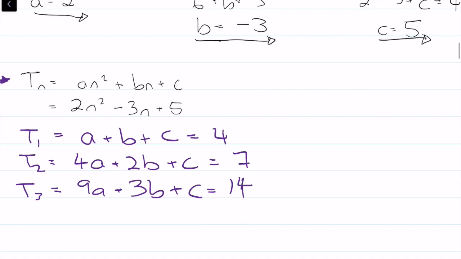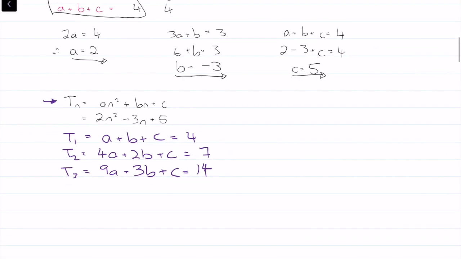Let me actually just finish this question so that you guys can see. Now what I want to do is try and eliminate some of these variables. This is equation 1, this is equation 2, this is equation 3.